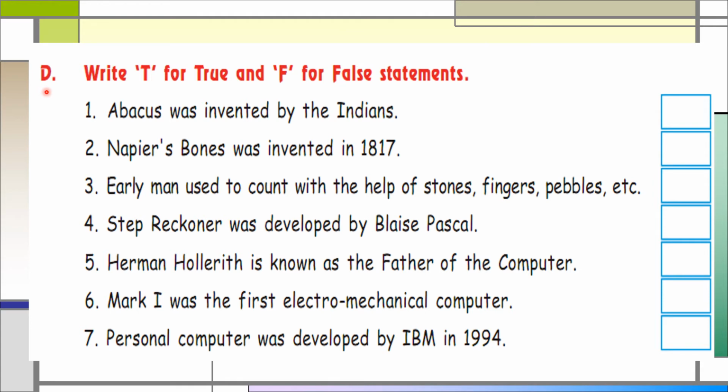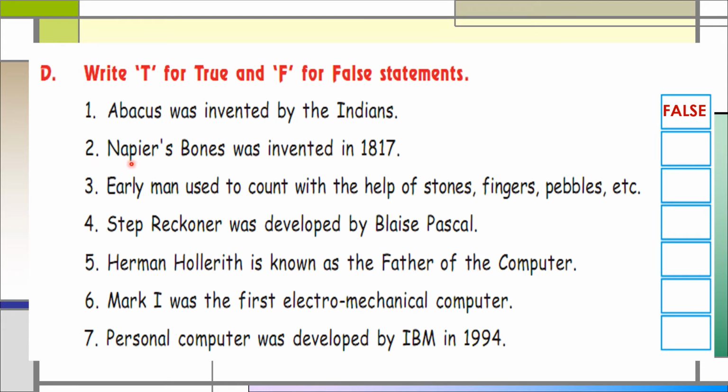Exercise D. Write true for the true statement and false for the false statement. Number 1. Abacus was invented by the Indians. No, false. Abacus was not invented by Indians, but it was invented by Chinese.